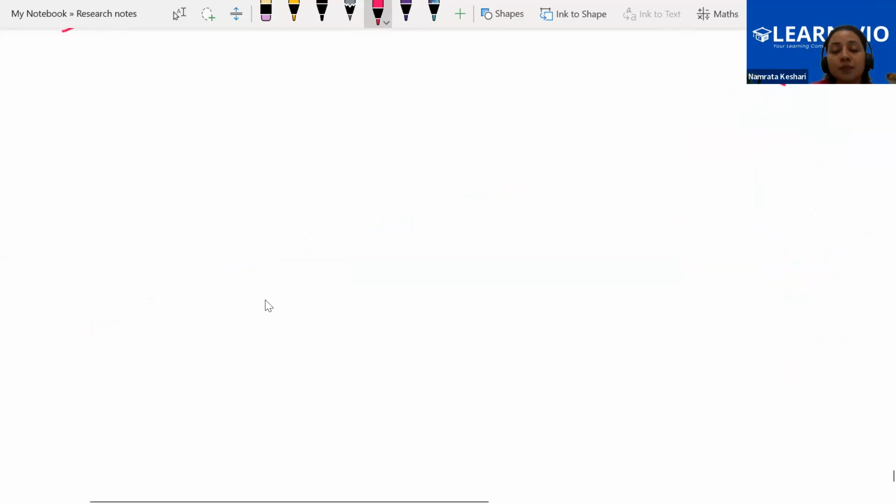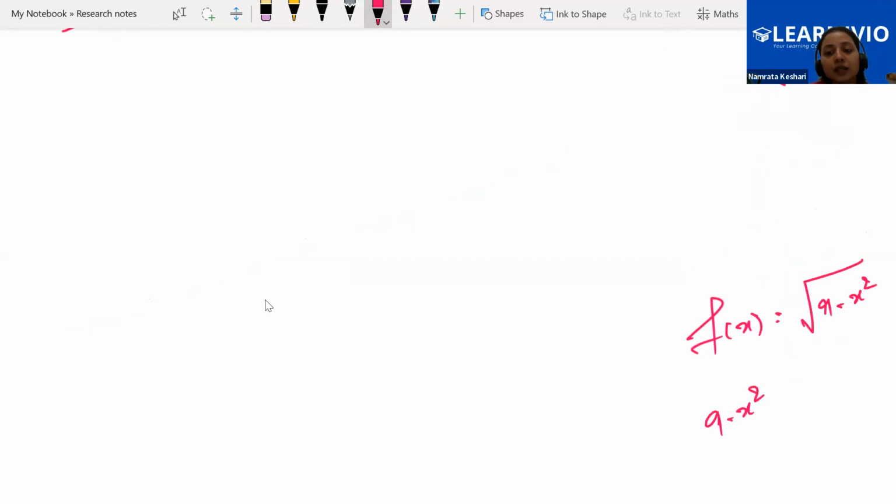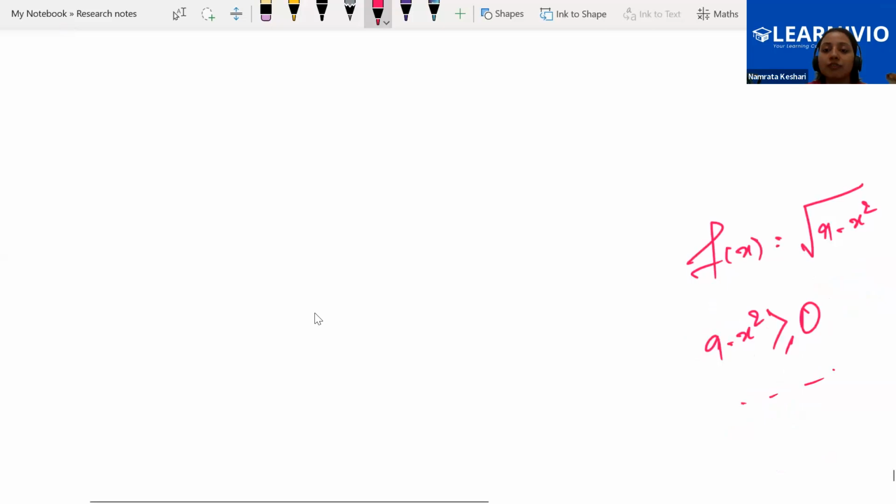Can you recall the concept? For f of x equals under root 9 minus x square, we took 9 minus x square bigger than or equal to 0, and then started doing the factorization. Can you recall how we were finding the domain?